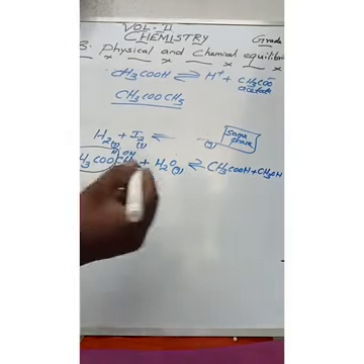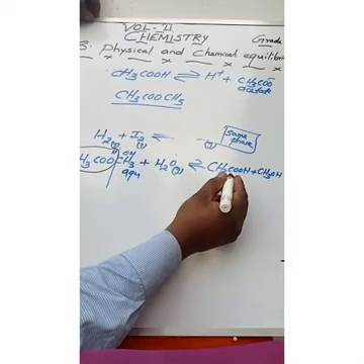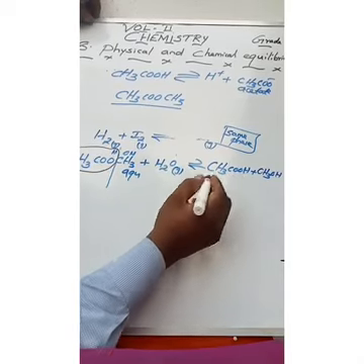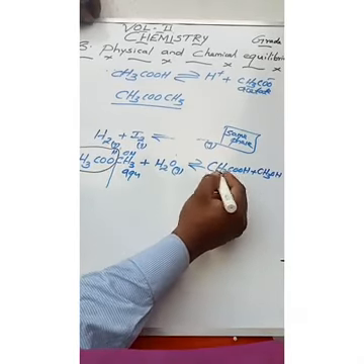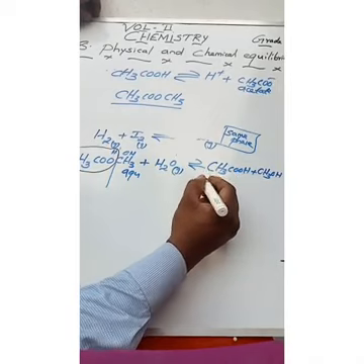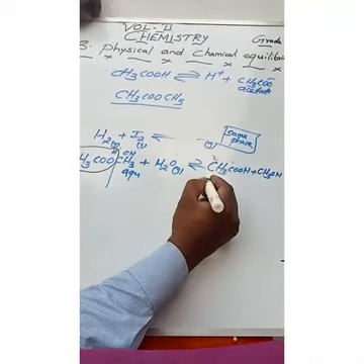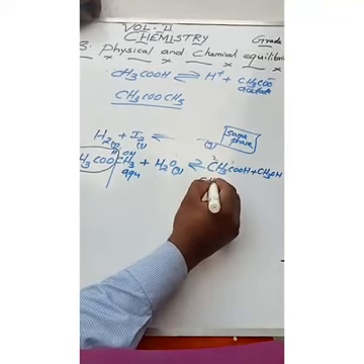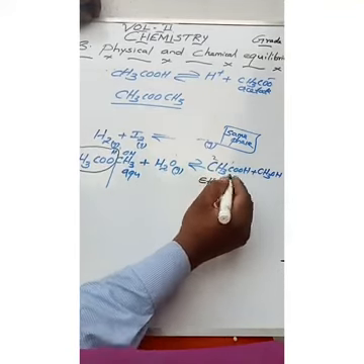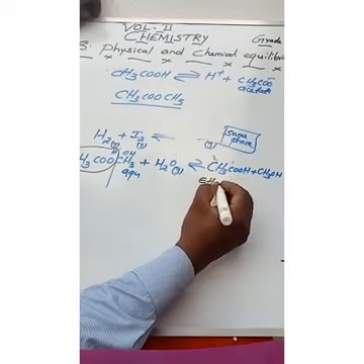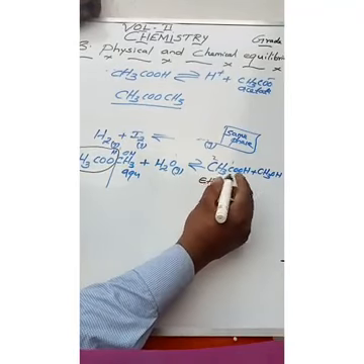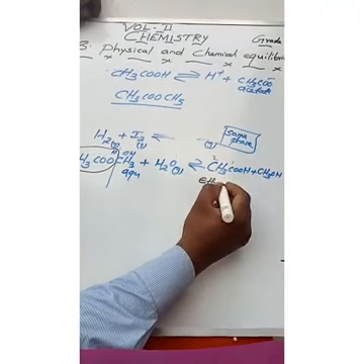Can you say the IUPAC name of acetic acid? How many carbons do you have? 2 carbons. 2 carbons means you have to say eth. Eth is the root word. Already I told you those rules. After the root word, you have to say single bond, double bond or triple bond.